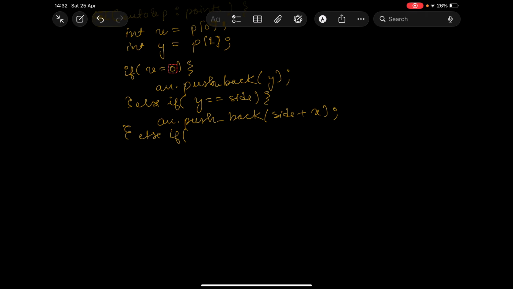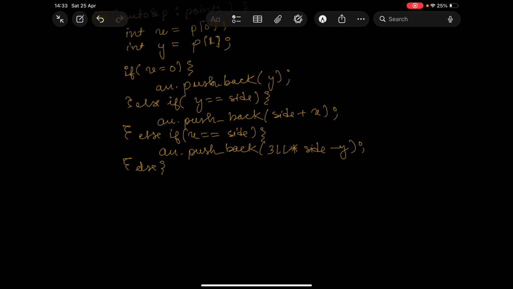Else if x is equal to side, array dot push back 3 into, since we are doing long operations, I have to explicitly write it as 3ll into side minus y.